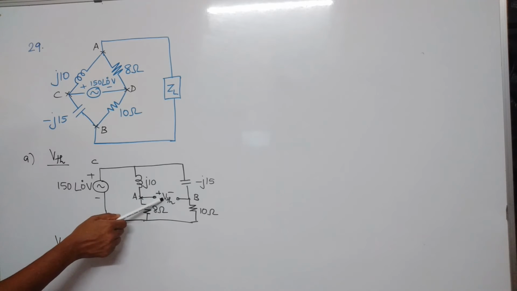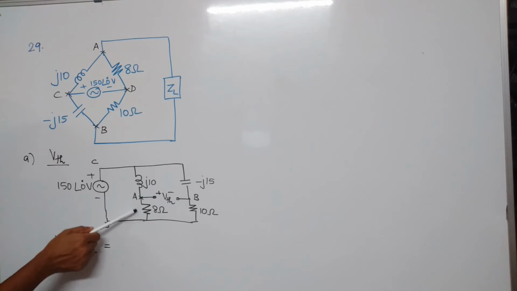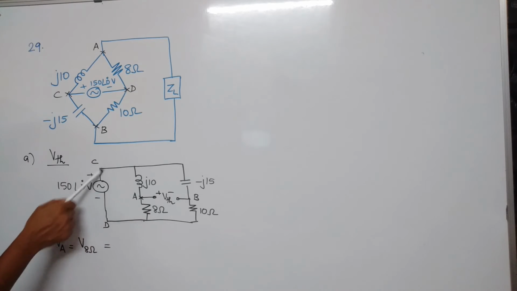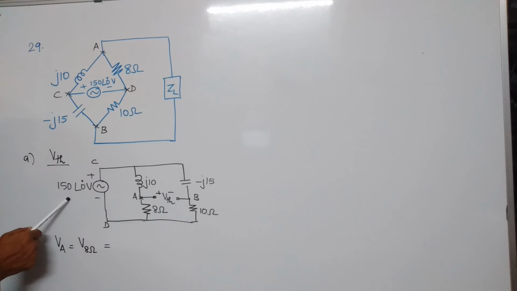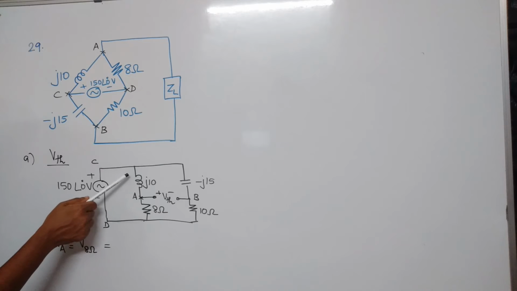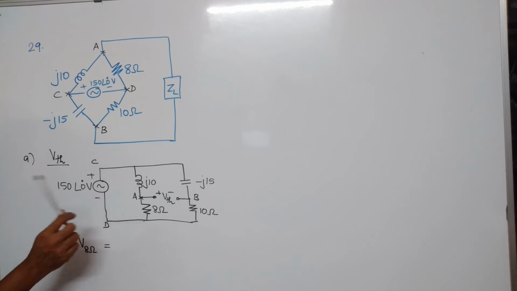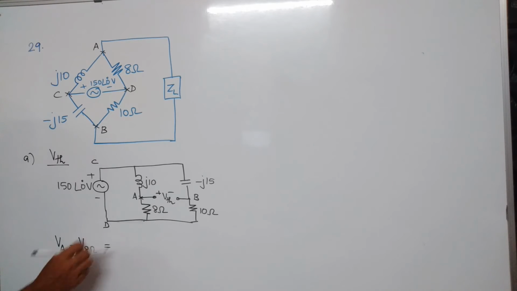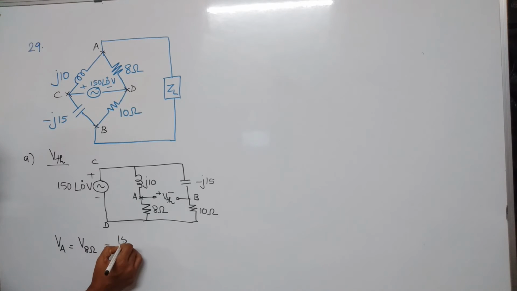Why? Because this is open, there is no other path. So the same current will flow through J10 and 8, across which 150 volt is applied. So you have a 150 volt source connected across J10 and 8 ohm. So what is the voltage drop across 8? It's a voltage divider circuit.